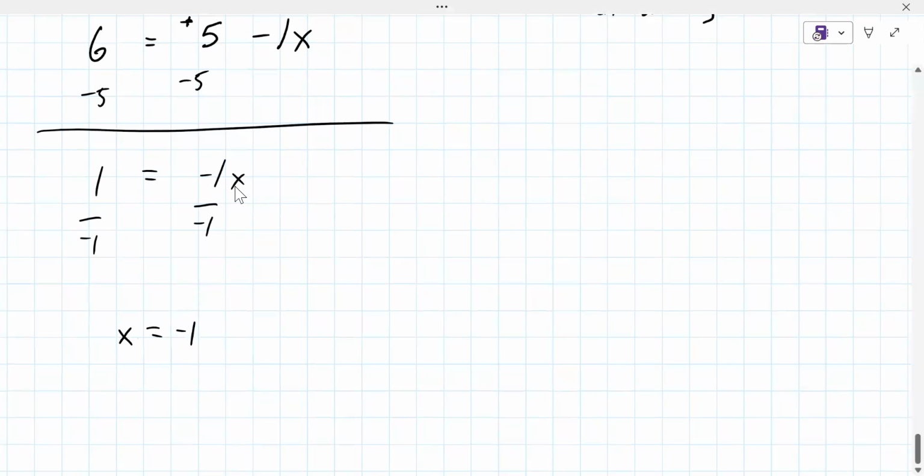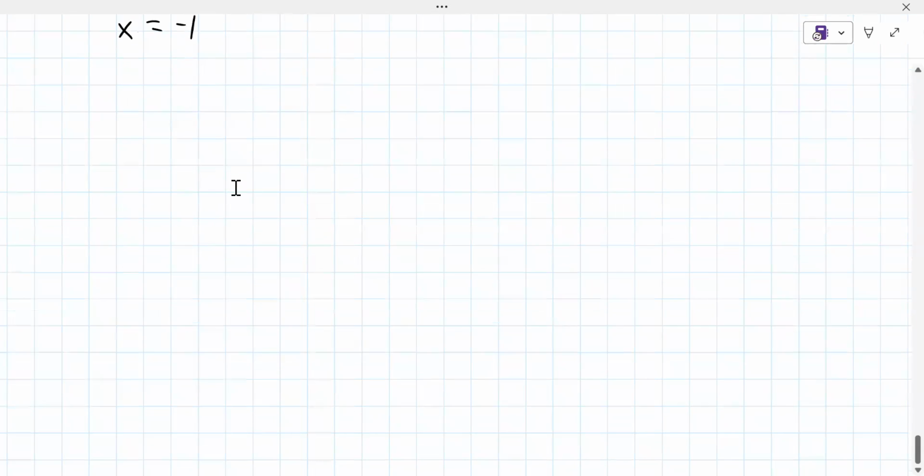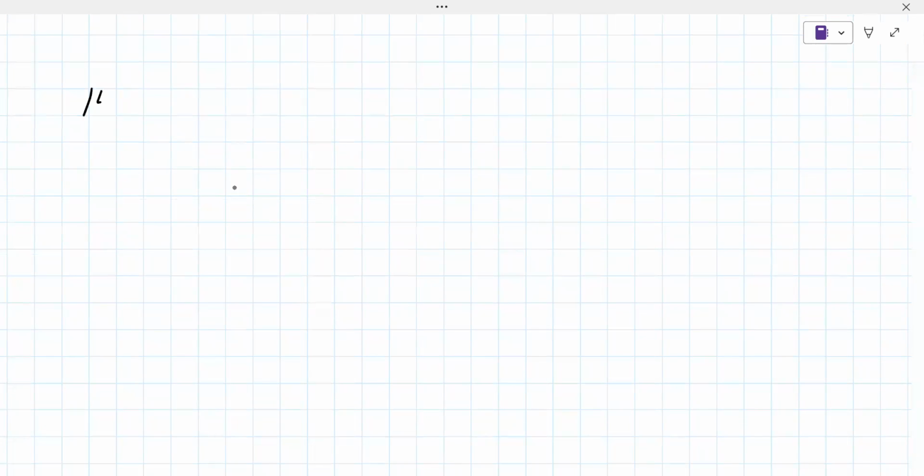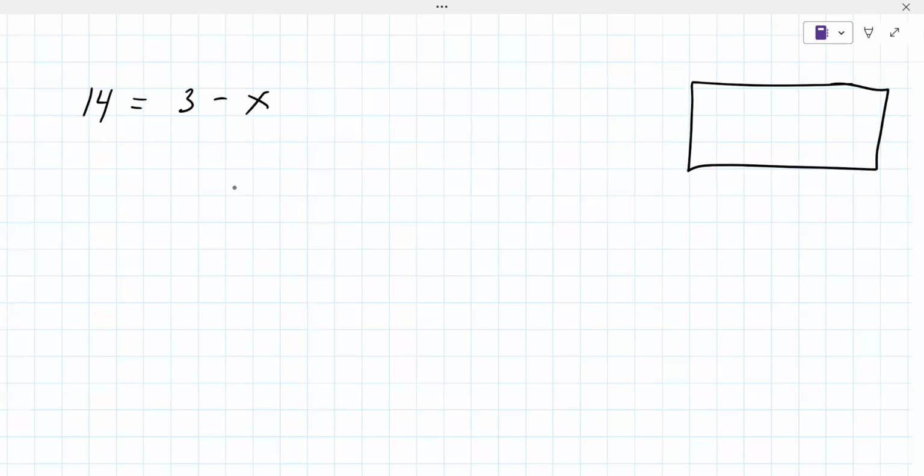Okay, here is a problem for you to try. 14 equals 3 minus x. I want you to give me just the final answer, please.